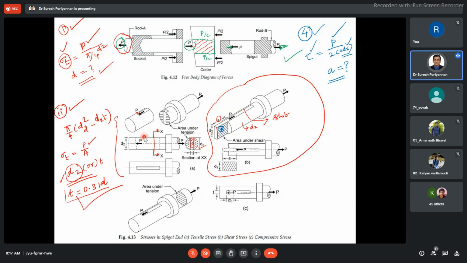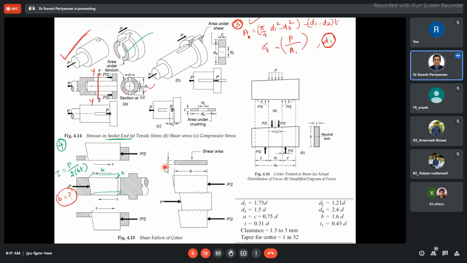What we discussed earlier, the actions and the reactions between the components must be equal for maintaining the mechanical equilibrium condition, right? Now first we start from the tensile force on the rod.